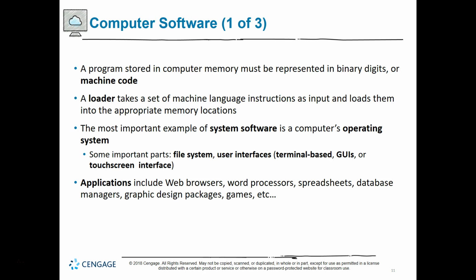So, computer software. When your computer starts up, it's got to run something. Most of us probably have a Windows PC, maybe we have a Mac. That computer operating system is what starts first.